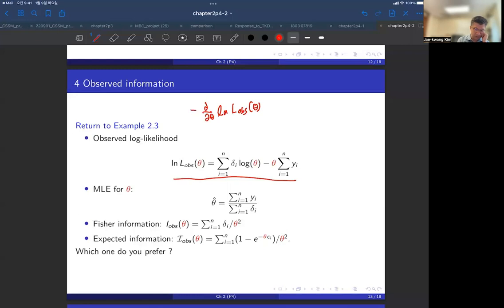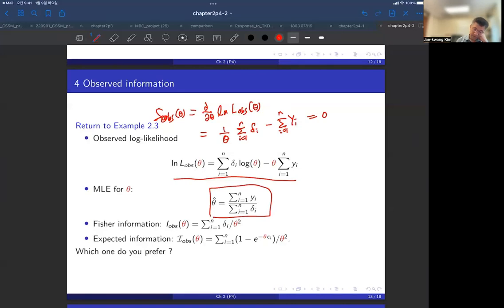The score function is this one, which is actually 1 over theta times the sum of delta_i minus the sum of y_i. So if you set it to 0, then you have this one as the MLE.